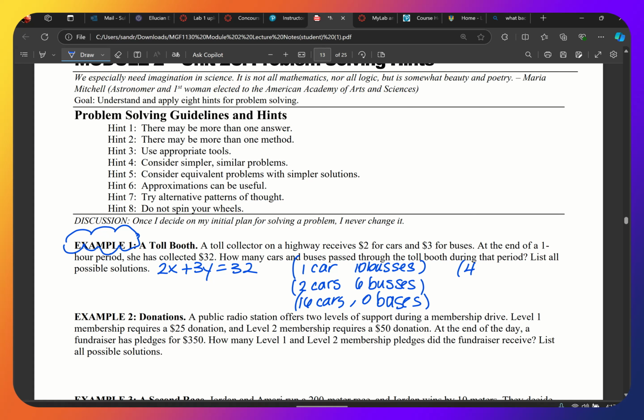Yeah, 8, right? 4 cars and we have 8 buses. How many possibilities do we have?